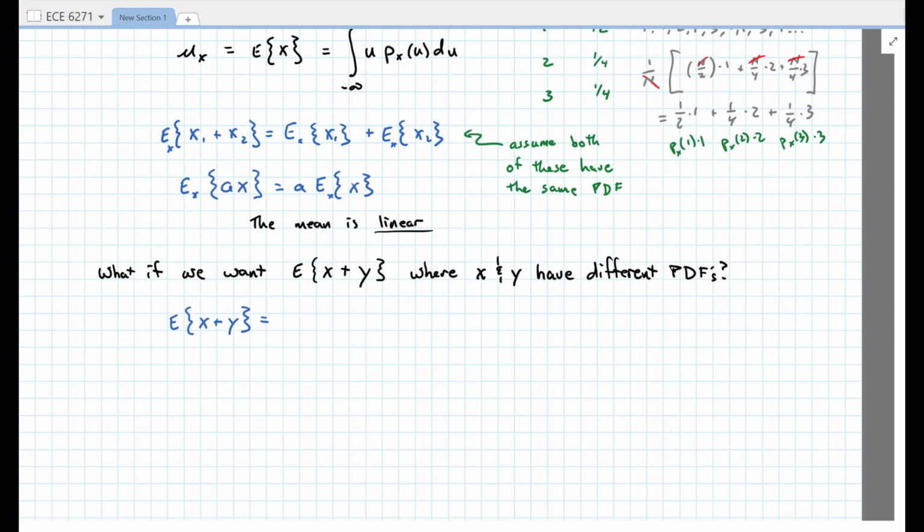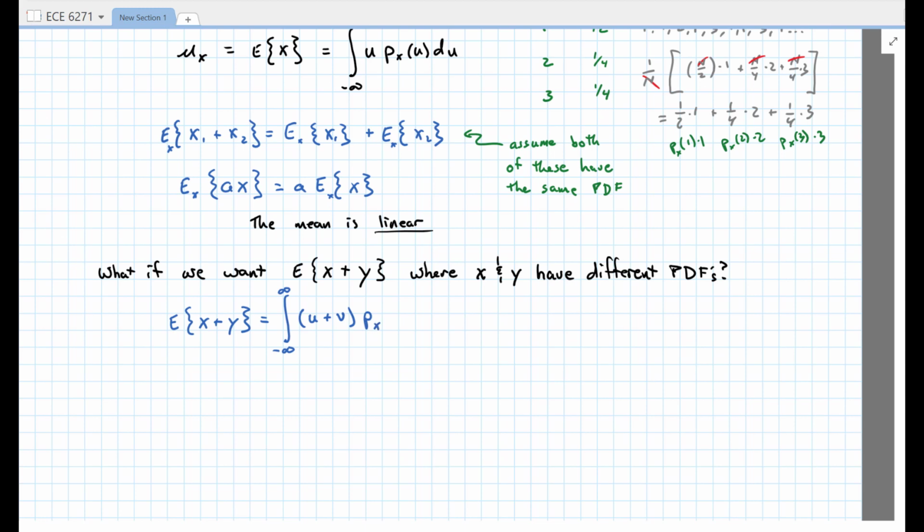So whenever you see something like this, you just know that under the hood, this is what's going to happen. X plus, we're doing u plus v. There are dummy variables of integration.